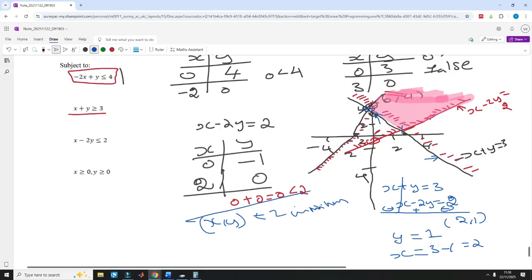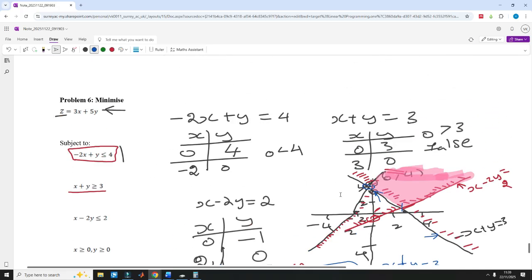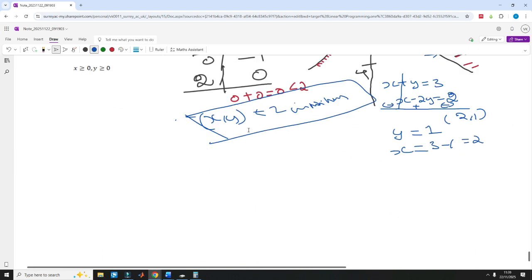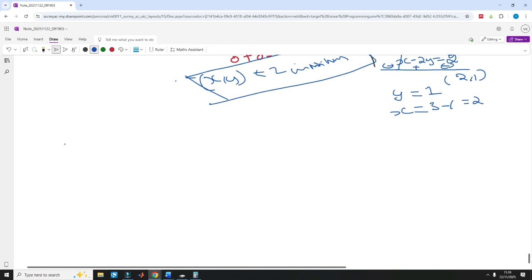Yeah. So that's the answer to this problem. So you have to identify the corresponding values for the decision variables x and y, where your z will be minimum. Yeah, that's all for the moment.